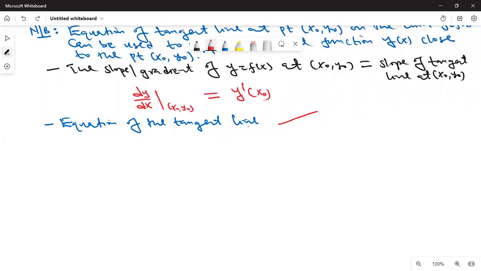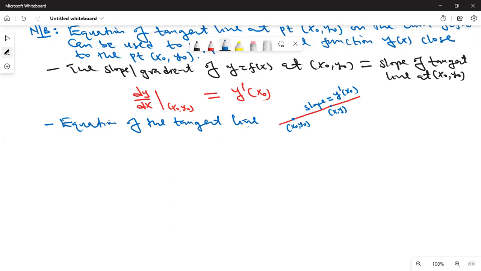Let's say we have this straight line. All you need to know about a line is a known point on that line, x naught, y naught. You also need to know a general point x, y on that line, and you need to know the slope. Slope is equal to y prime at x naught.